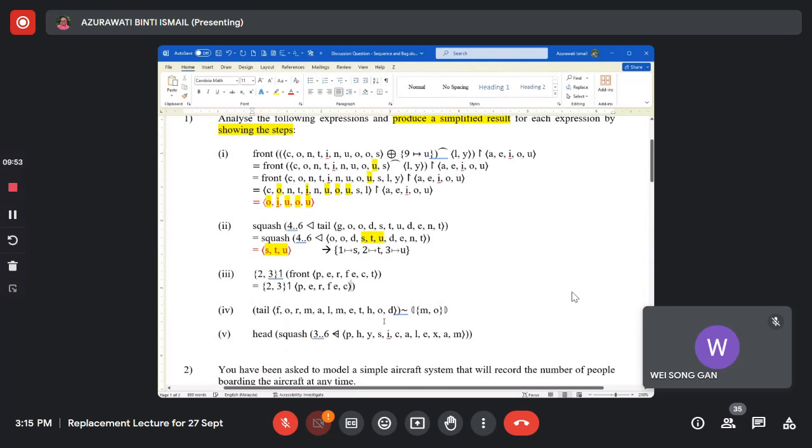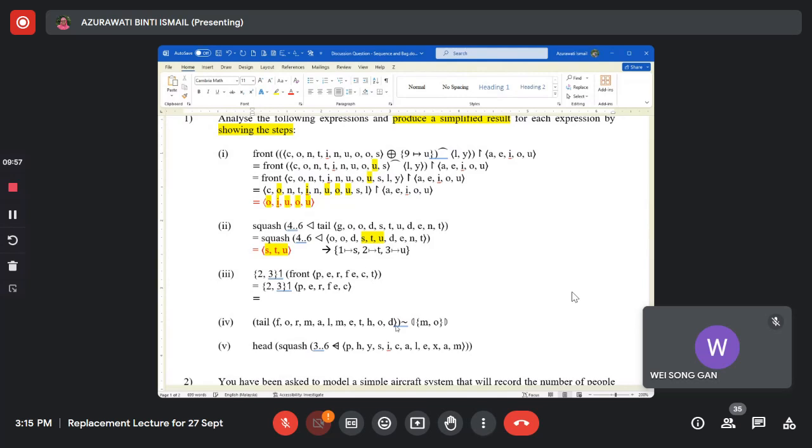Front is other than last. Then you look at 2 and 3 only. So 1, 2, 3. So you look at E and R only. So the last answer will be in sequence symbol, but you have E and R only.